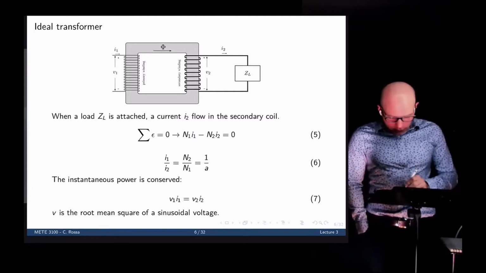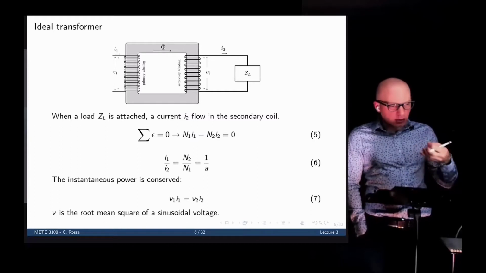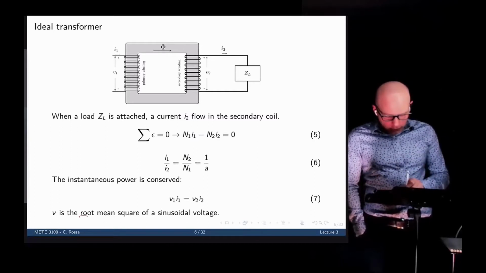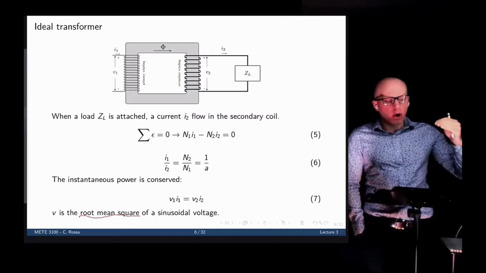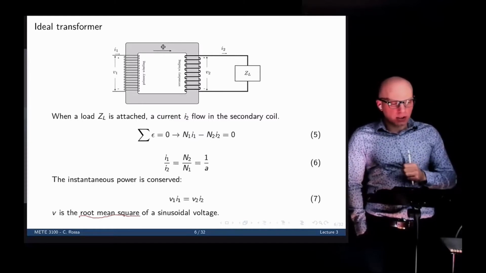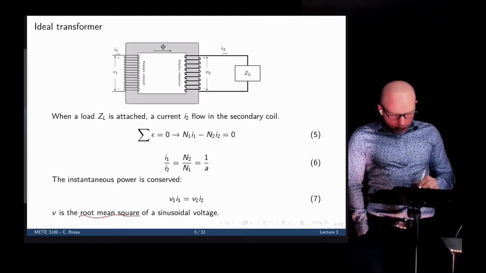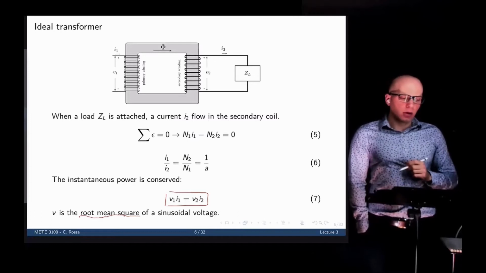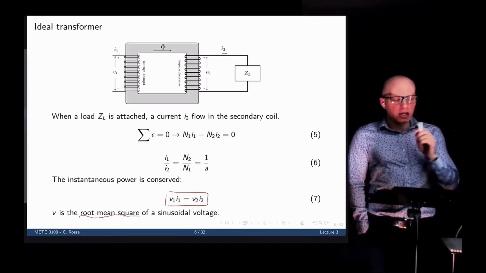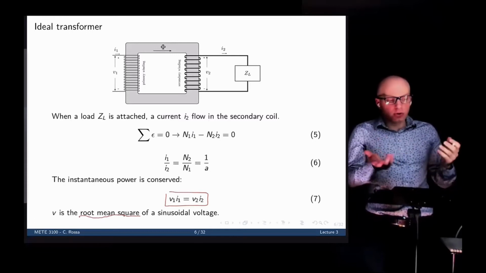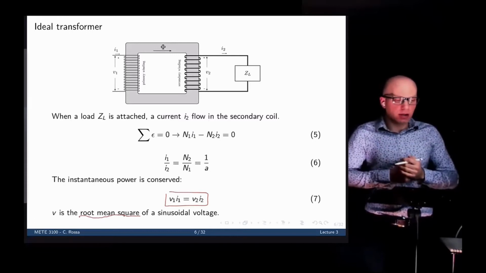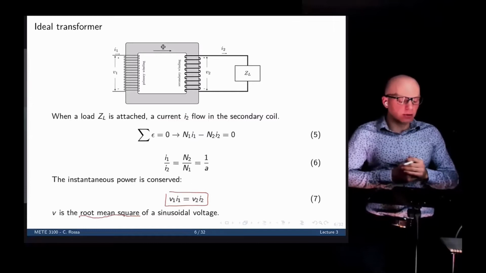This is very important because when you rate a transformer, we are always talking about root mean square, not the maximum or the peak voltage, always the root mean square. That's something to keep in mind. So if you take the root mean square of the input voltage, this holds. The input power equals the output power, and this makes sense because there is no resistance, there is nothing dissipating power in an ideal transformer.